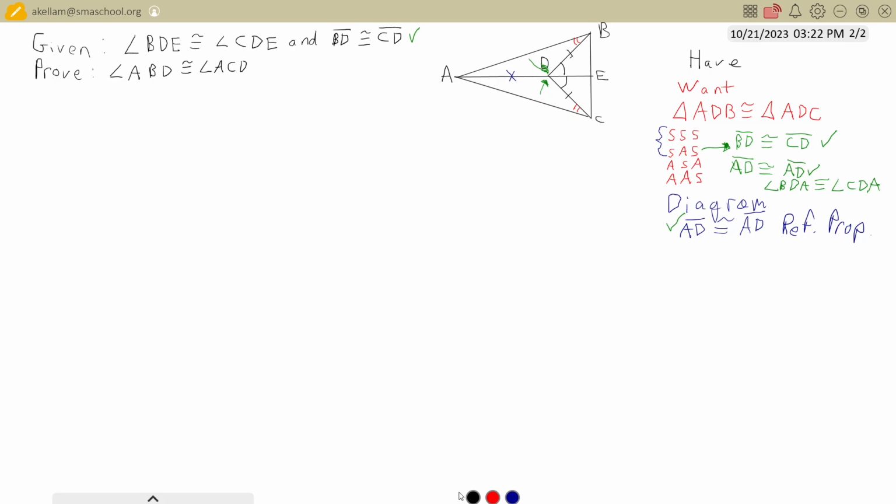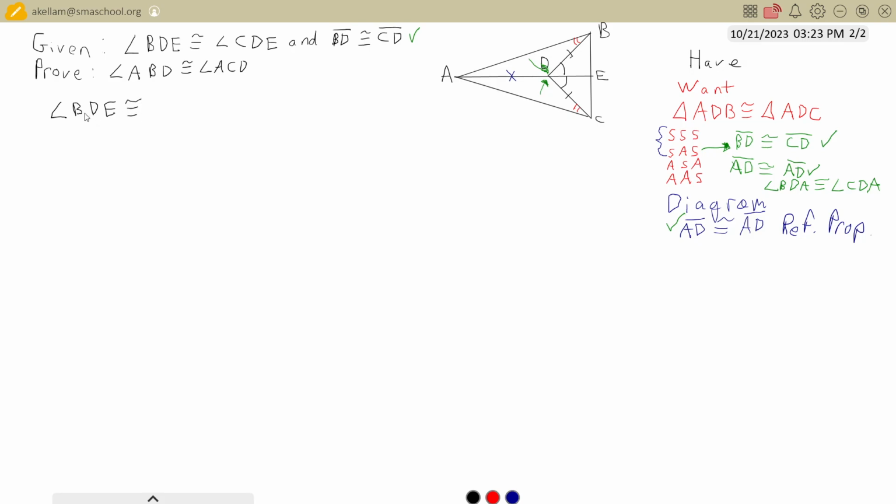And just so that we can see how everything flows together, we are going to write a flow proof. The first thing that I like to do in flow proofs is list my given information in two spots.